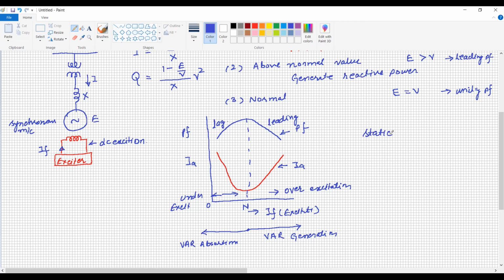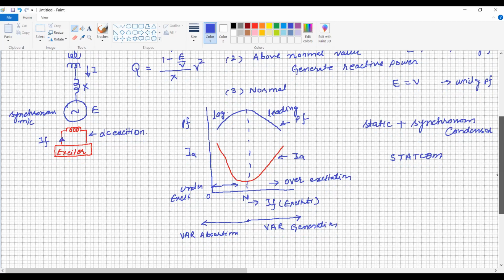Some combination of a static circuit plus the characteristic of the synchronous motor or synchronous condenser combinedly becomes a Statcom, or it is simply a switching converter type VAR generation and absorption.